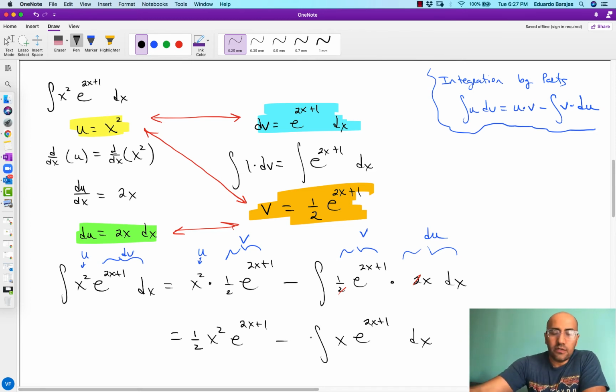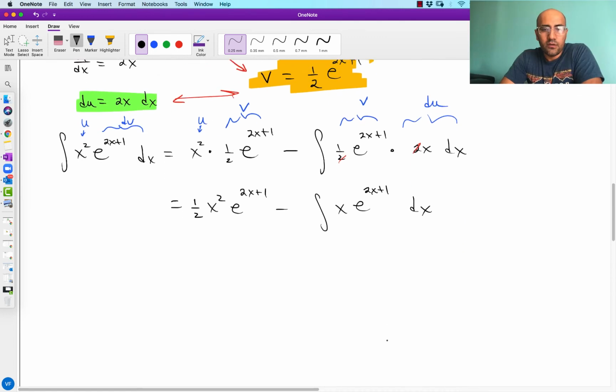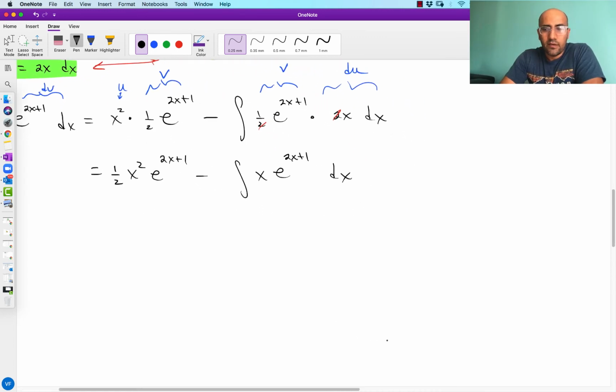So what we're going to do is repeat the process and use integration by parts again on just this integral. So I'm going to come right down here, and I'm going to assign a new integration by parts problem where u equals x, and dv equals e to the 2x plus 1 dx.